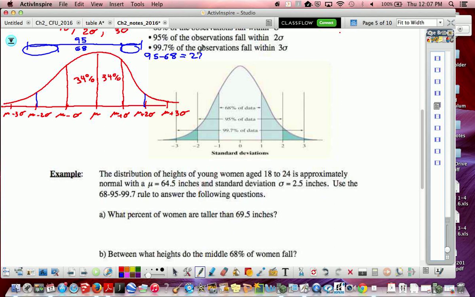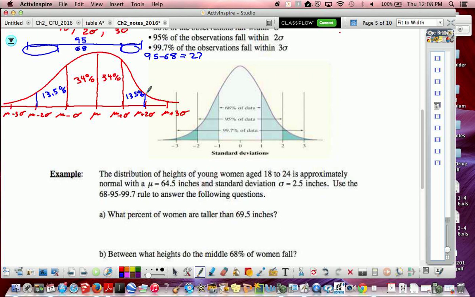Because I've already accounted for the middle 68, so these two ends would be what's remaining. These two areas add up to 27%, divided in half since it's symmetric. So between 1 and 2 standard deviations either to the left or to the right, 13.5% of your data will be between those values.